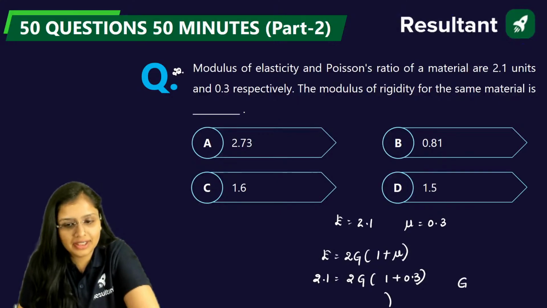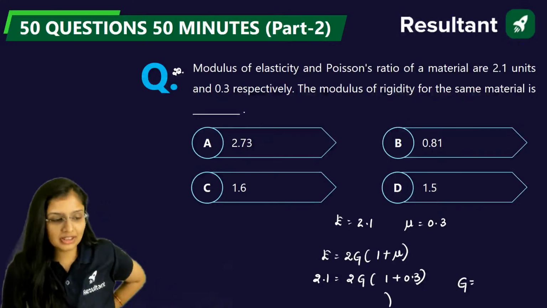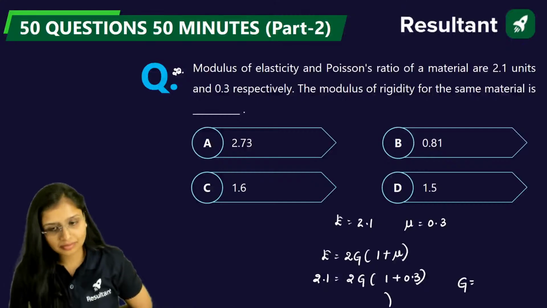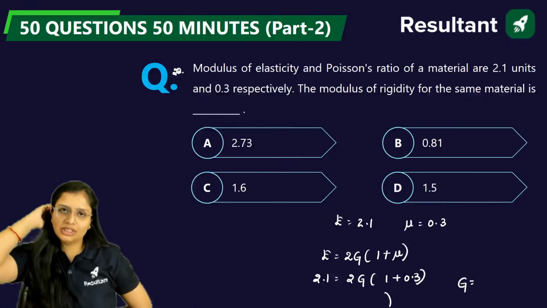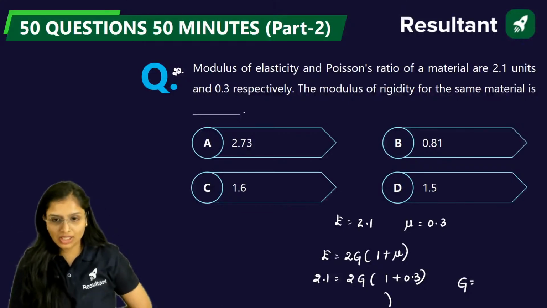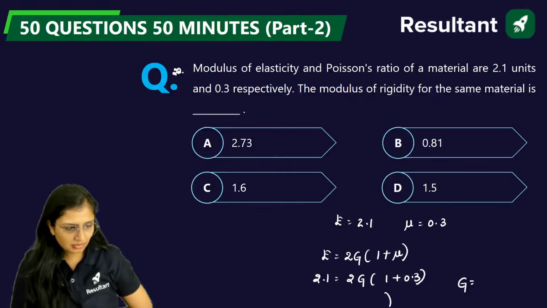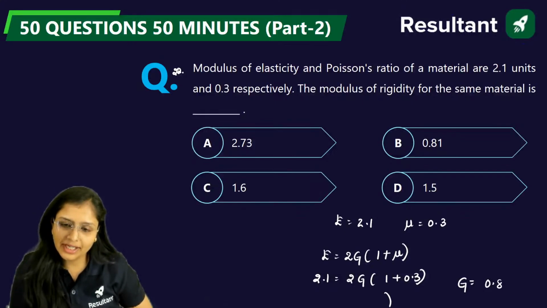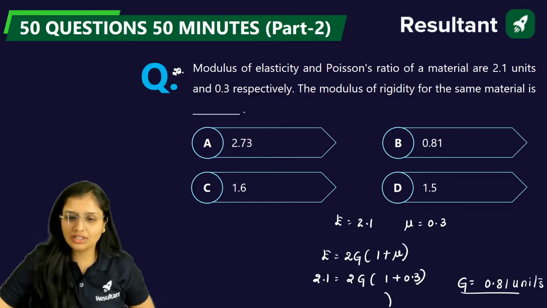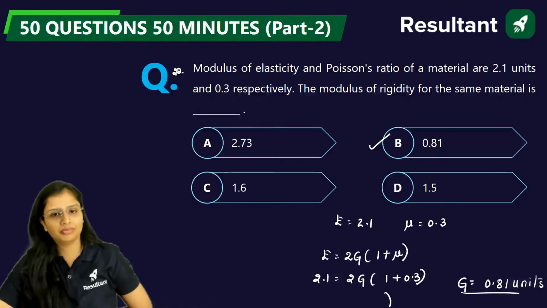Solve it, you will get the value of G. If it would have been the bulk modulus case, E is equal to 3K(1 − 2μ). Now answer, how much is it coming? 0.81 units. Solve it and check it out once.